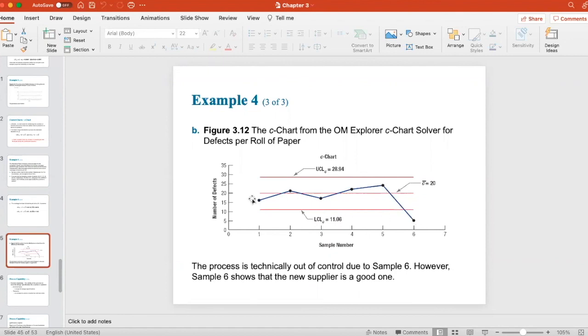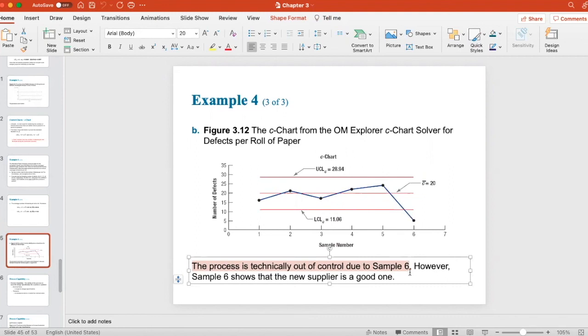Looking at this plot, the first 5 points are normal, but obviously the 6th dot is already breaking the LCL. So technically the process is already out of control, because sample 6 breaks the LCL.